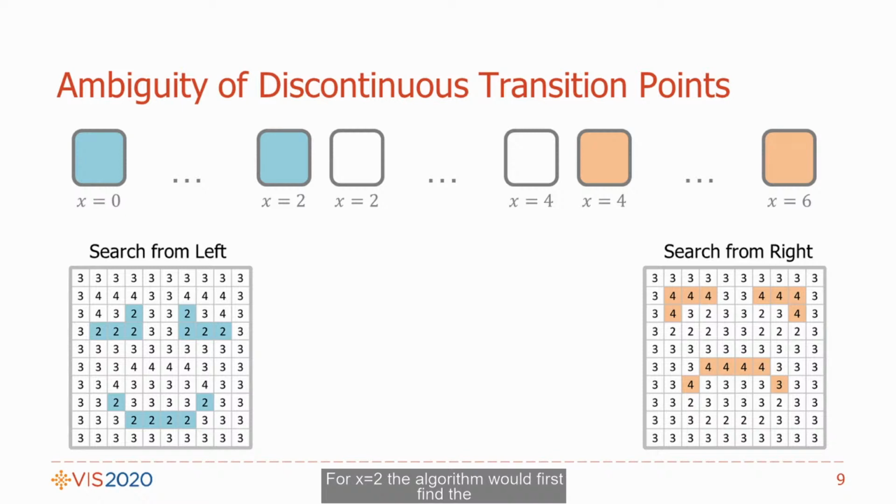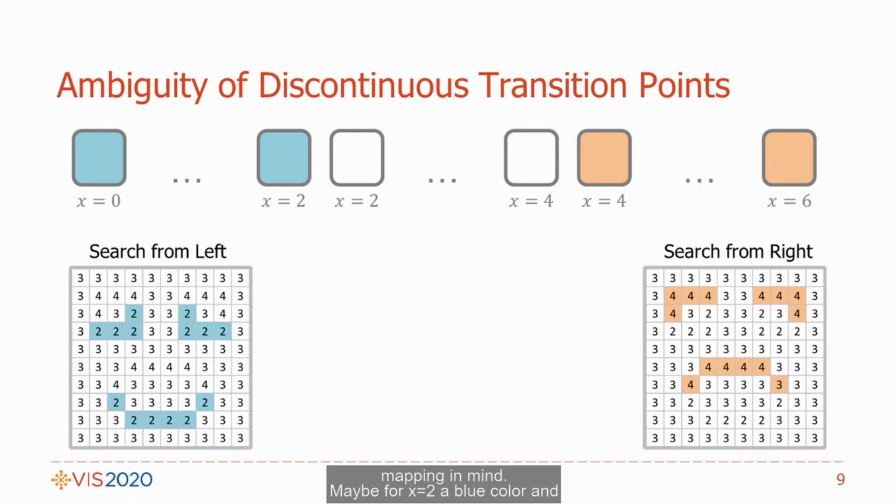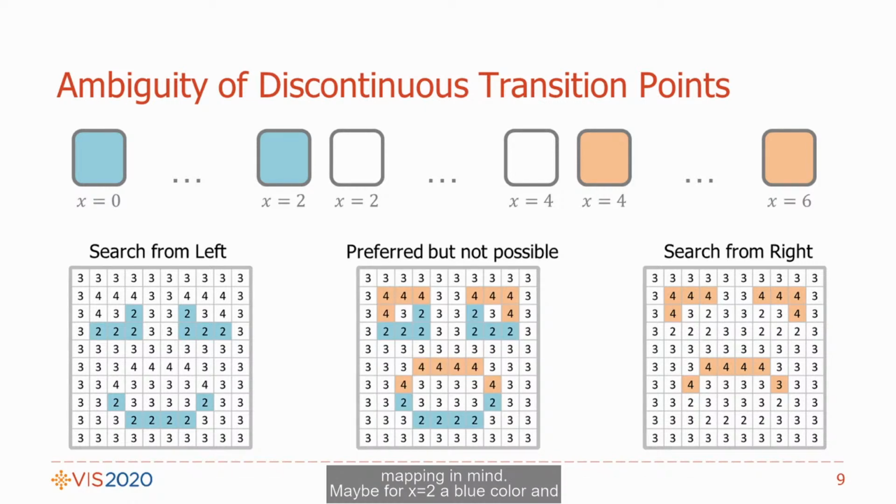For axis 2, the algorithm would first find the white color, and for axis 4, the orange color. We can see that the same color map would create two different results. Also possible is that the color map's creator had a completely different color mapping in mind. Maybe for axis 2 a blue color and for axis 4 an orange color.